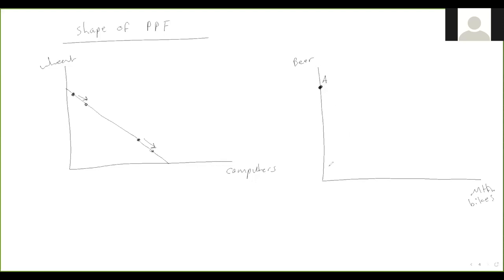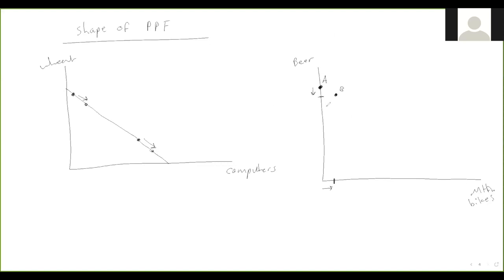And so let's say we don't want all beer, we do want a few mountain bikes. So let's say we want to move to this point. We're going to come down a little bit on beer and out a little bit on mountain bikes. So let's call this point B. So think about who the people are that are going to shift from beer to mountain bikes.